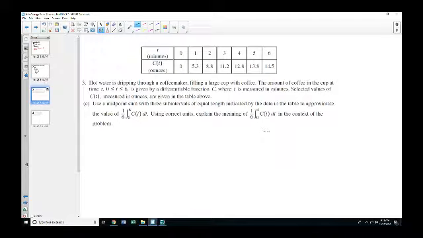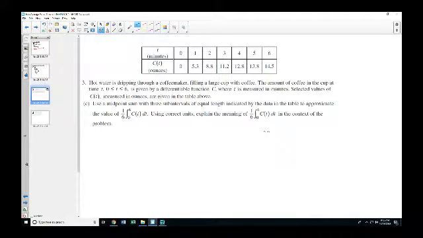I just put the 2 on the outside and added one. Would it be 2 on the outside or a 3 on the outside? 2. 0 to 2, 2 to 4, 4 to 6. It's the size of the subintervals, not how many there are.